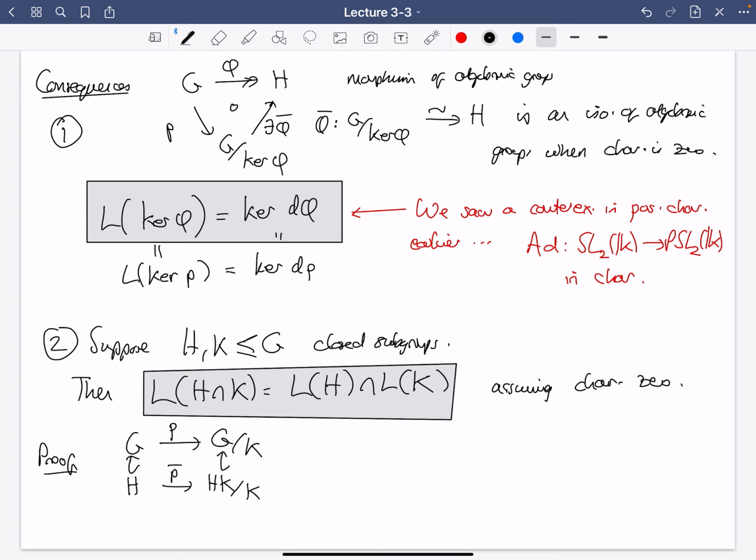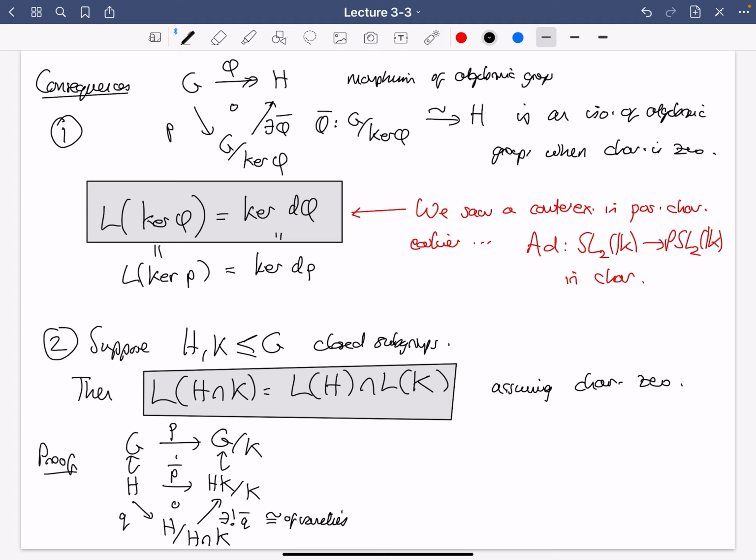And then I'm also going to look at the quotient H over H intersect K, right? That's a closed subgroup of H, so I could look at that coset space. Let's maybe call that canonical map Q. So now because the fibers of this P bar are exactly the cosets of H intersect K, you get induced this unique Q bar, which is an isomorphism of varieties using characteristic 0, using separability here.